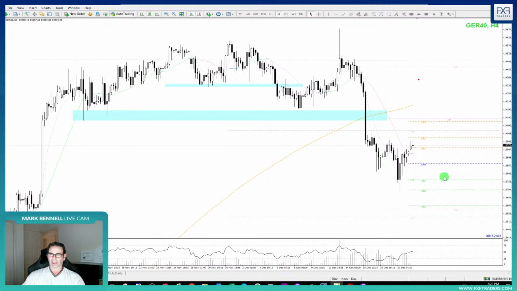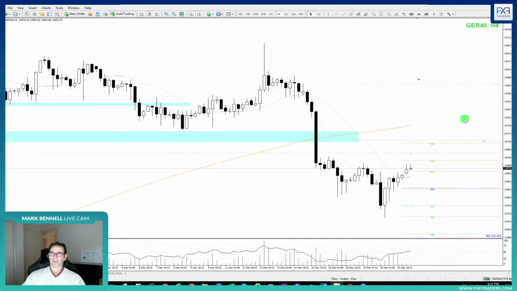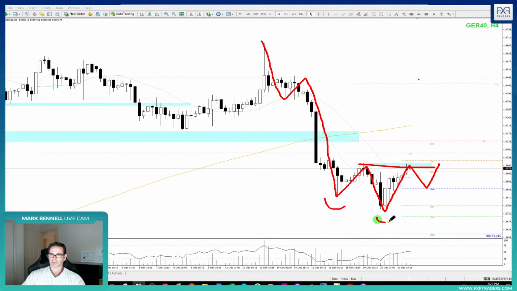When we look at the 4 hour, we've got the anchor right here. Well, so we've got to either get the inverted head and shoulders, or you can see we've got a flat 20 here.